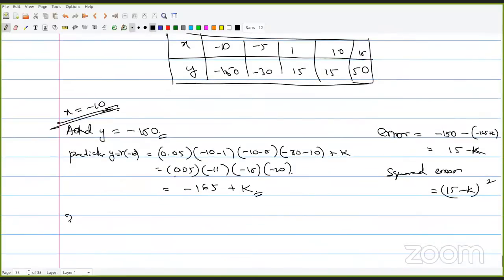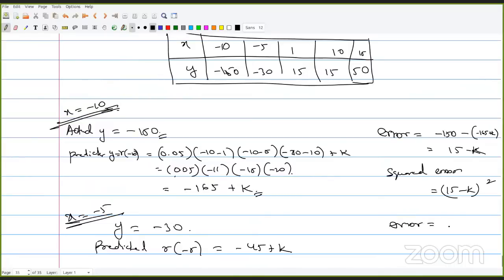Similarly, for x equals -5, the actual is -30, given. The predicted will be r of -5, which will be -45 plus k. Even now the error will be 15 minus k, and the squared error will be 15 minus k whole square.